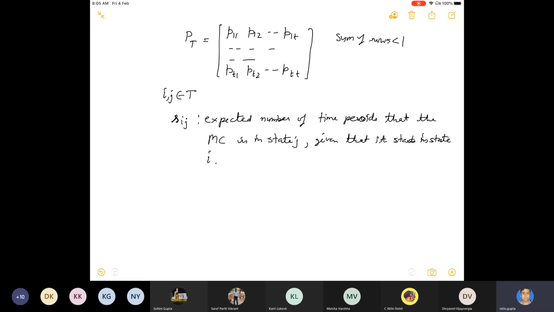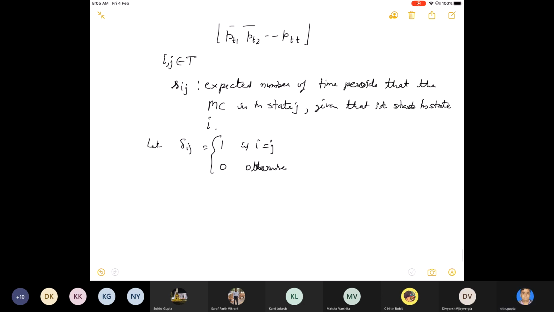So let us denote by delta ij as 1 if i is equal to j, 0 otherwise, and let us denote I_n,j as 1 if the process is in state j in the nth step, 0 otherwise.